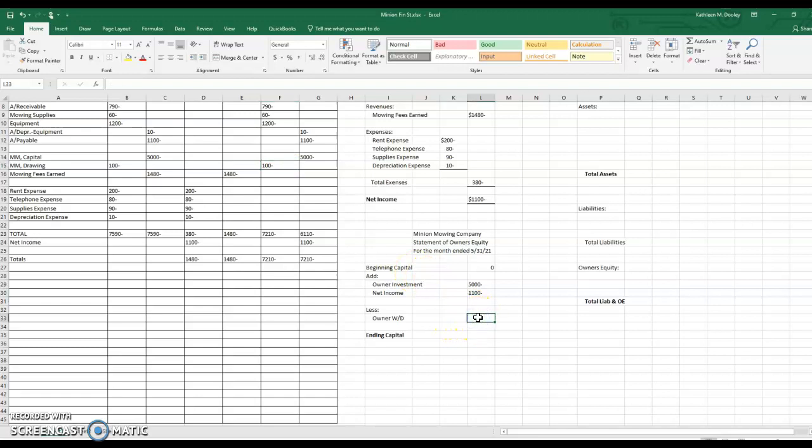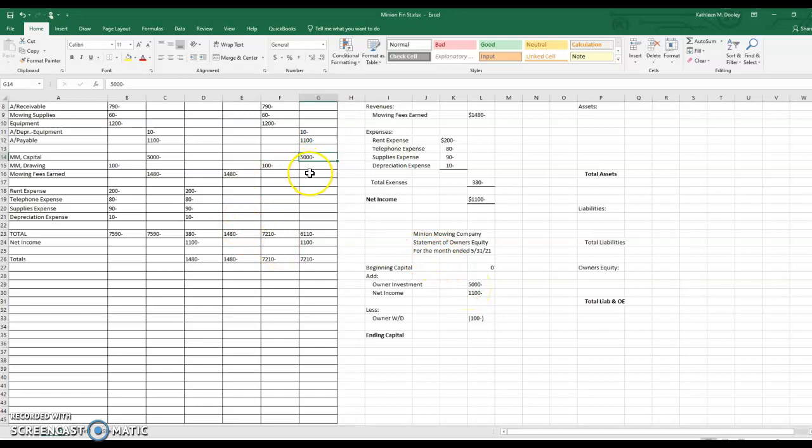Now notice that I have to subtract the owner withdrawal because it decreases owner's equity. Also notice this 5,000 that's on here, I didn't use that as beginning capital. The 5,000 equals whatever beginning capital plus whatever was owner investment.